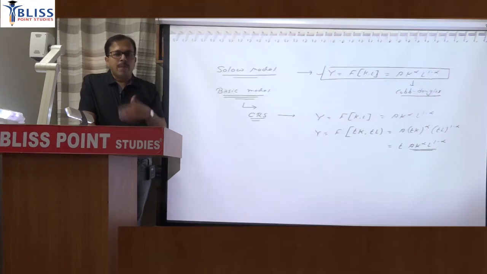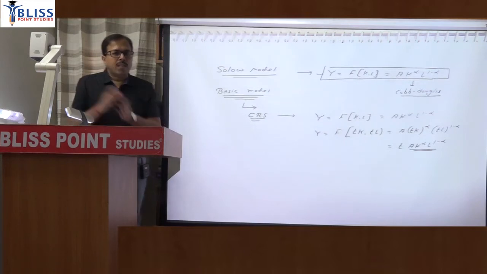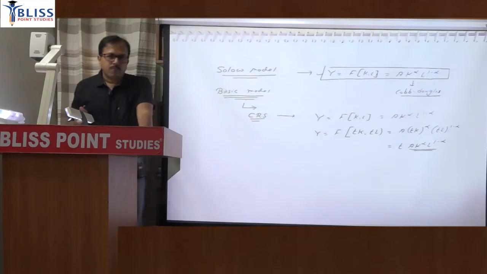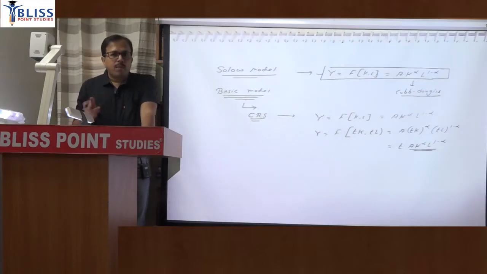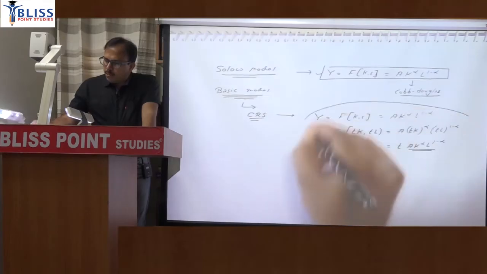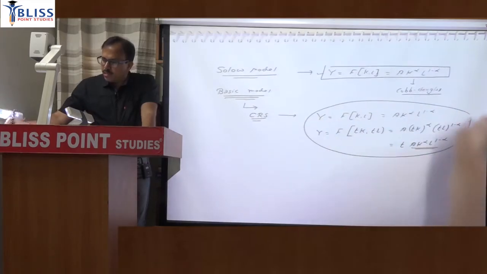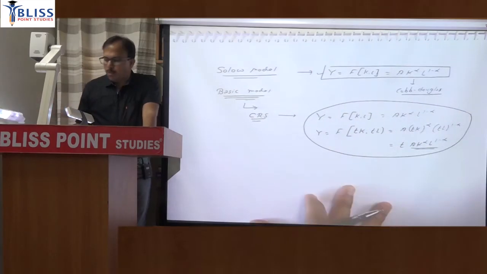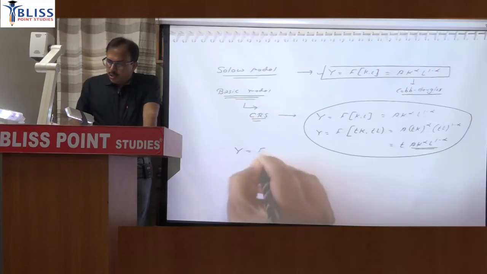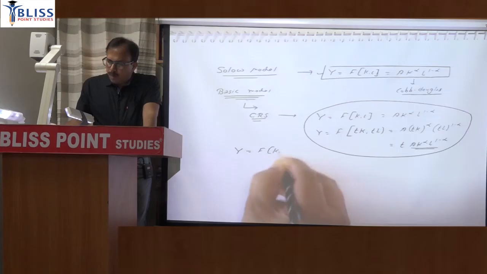But when only capital is doubled, output will increase, but it will not double. That is based upon diminishing returns. This type of technical note you can write in rough, it is not necessary to use it as part of your answer. So y is a function of capital and labor.